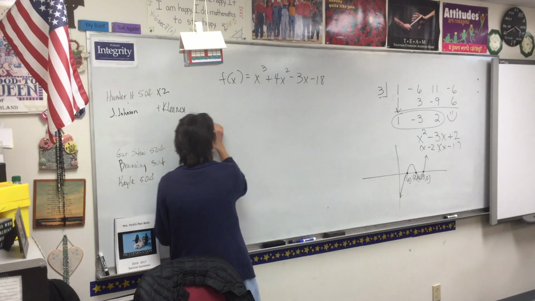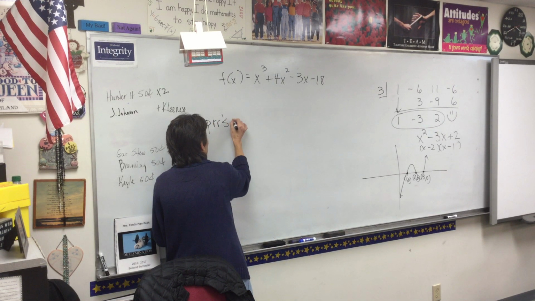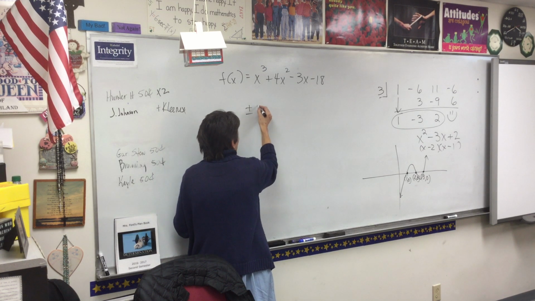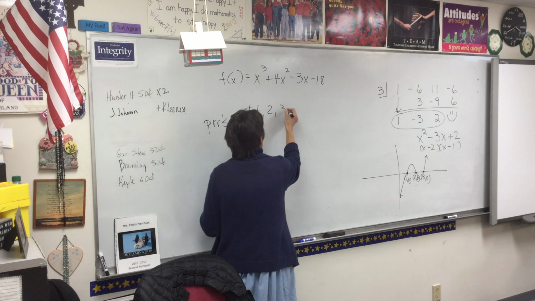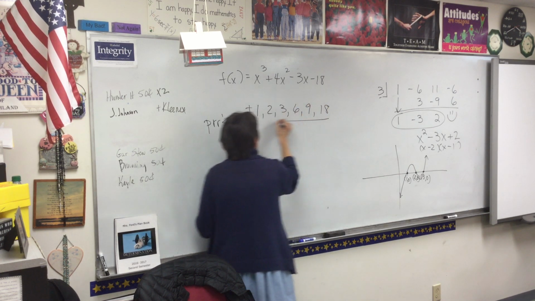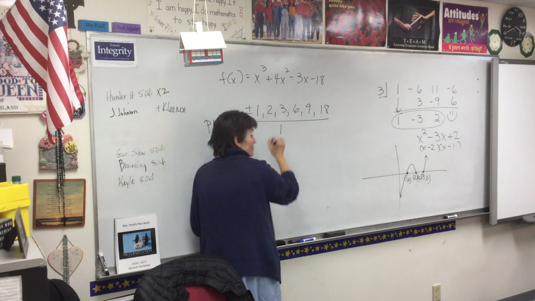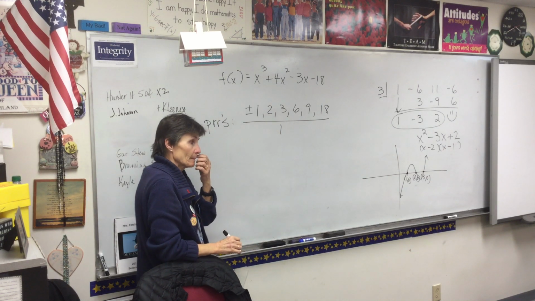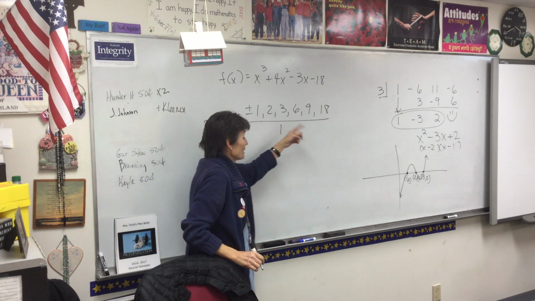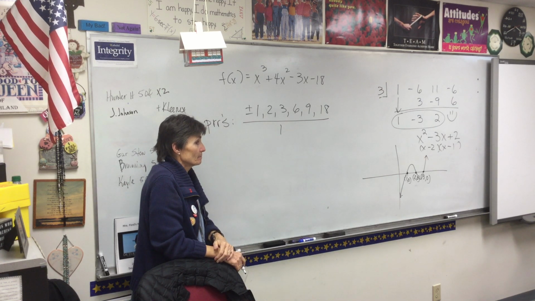Let's guess another. What are my PRRs? Let's write them out just so we have some practice. The factors of 18, which is 1, 2, 3, 6, 9, and 18, over factors of 1. Okay, well that's a pretty big list.